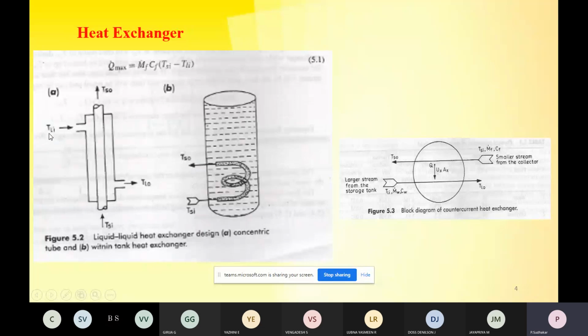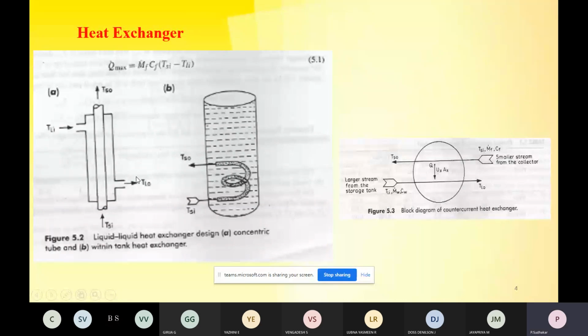This is the load inlet water, where low temperature water comes in, gets heated up and goes out. This is the hot water which is inlet here and gets out. It loses its temperature to this water, where this water gains the temperature from this stream and goes out here.